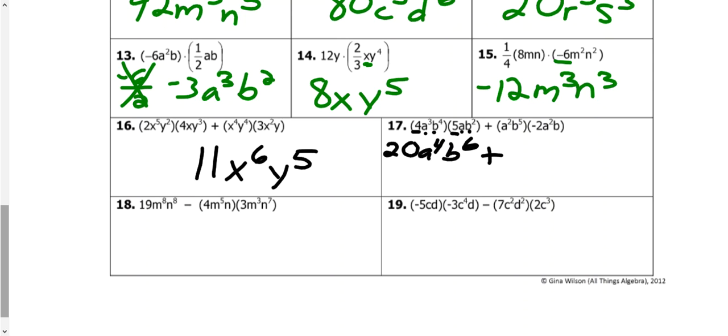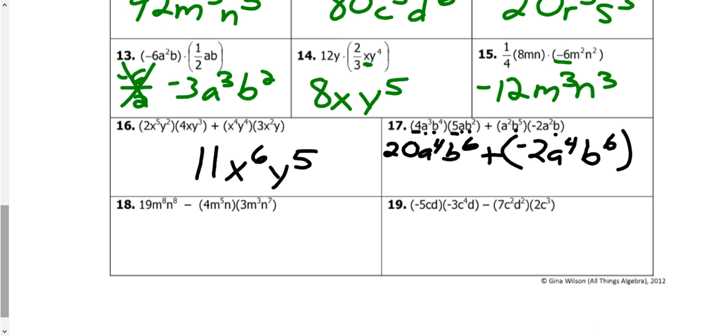Plus, we have this -2 hanging out. I'm going to put that in parentheses. A to the second, so that's a to the fourth, b to the fifth, and b to the first. That gives us b to the sixth.